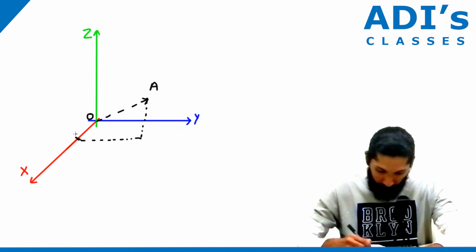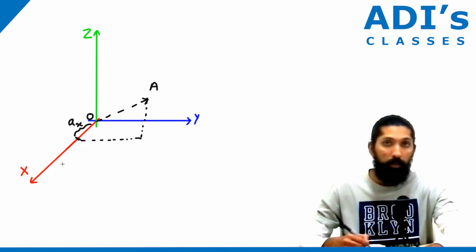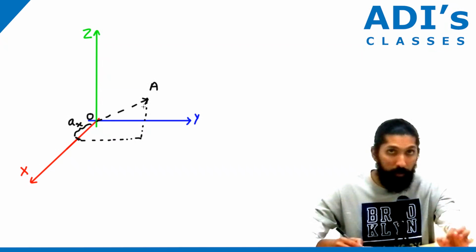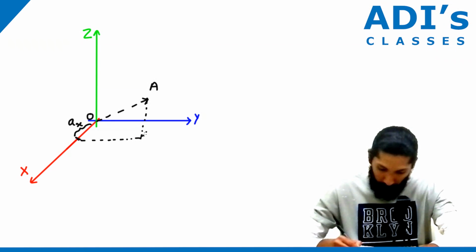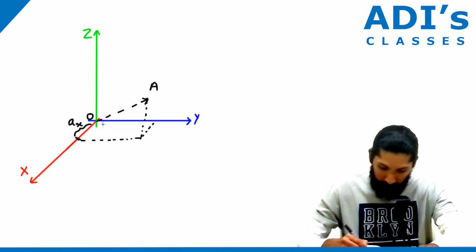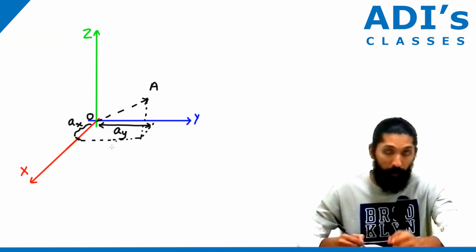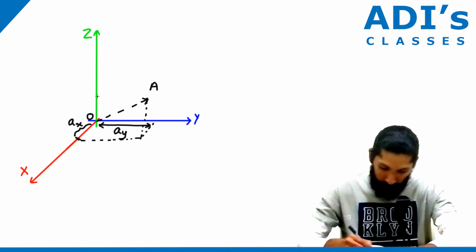So this is ax, the x component of vector A. Next, this distance is ay, the y component, and this distance is az.